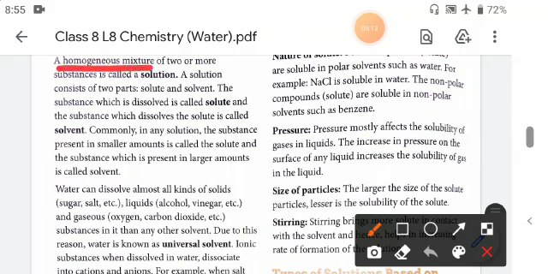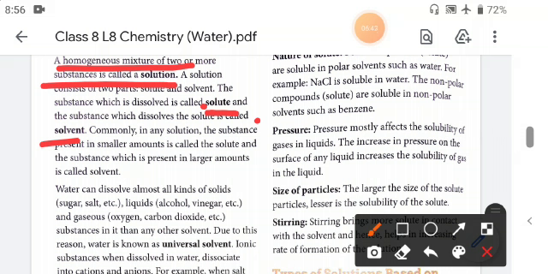A homogeneous mixture of two or more substances is called a solution. Homogeneous means both the solute and the solvent appear the same in the solution. So a solution consists of two parts, one is solute and the second is solvent. So solute and solvent make the solution.